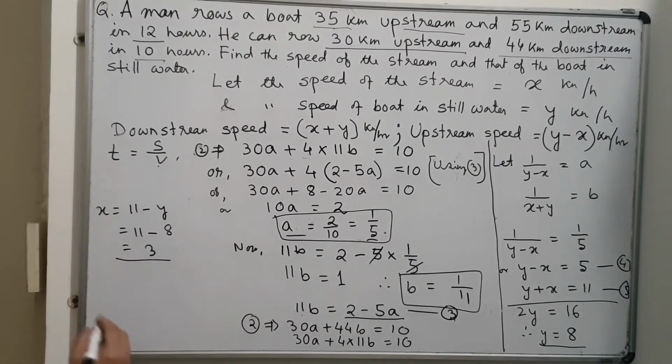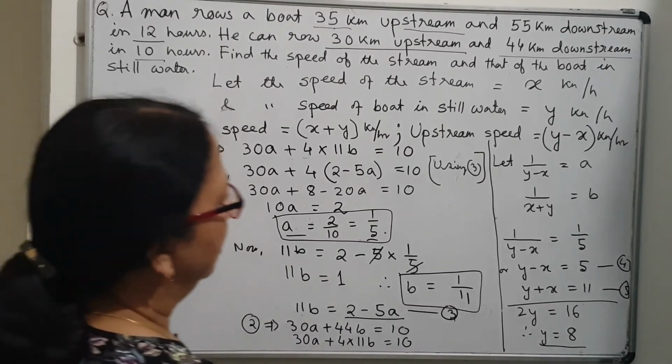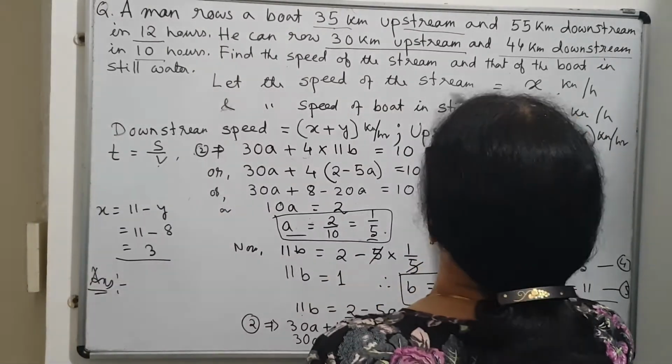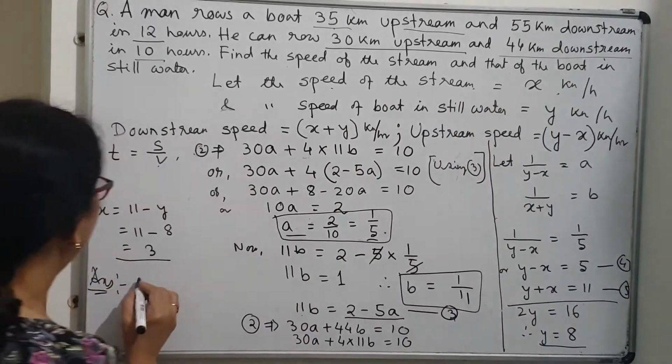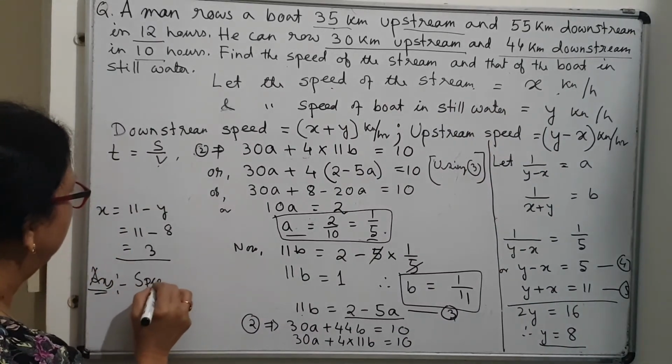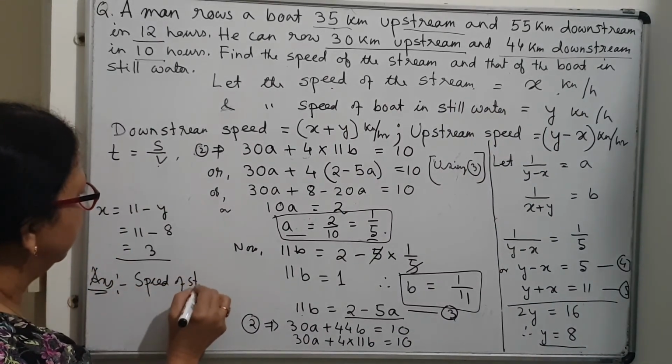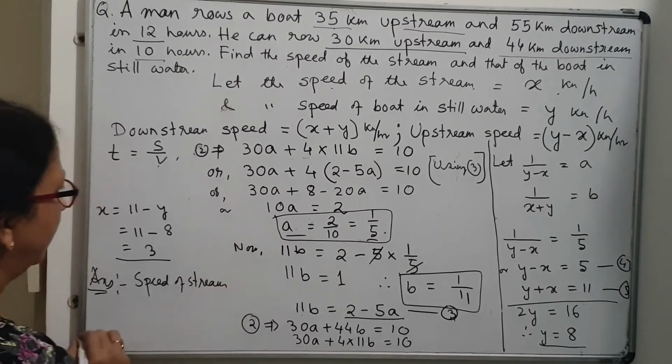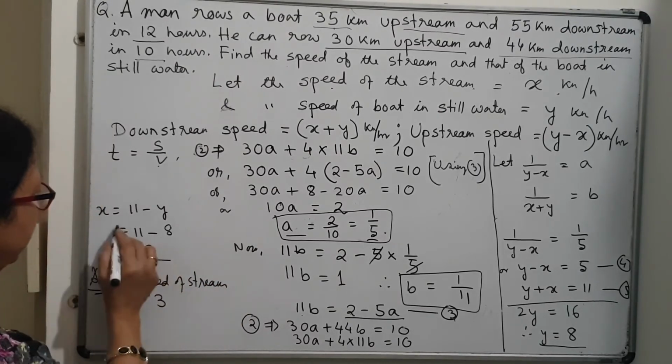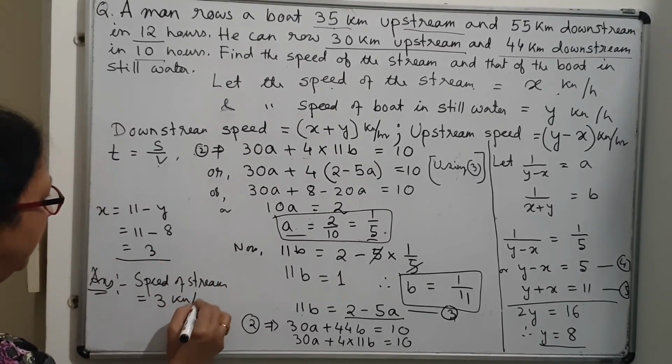So how will I write the answers? What was our x? x was the speed of the stream. So speed of stream is 3 kilometer per hour.